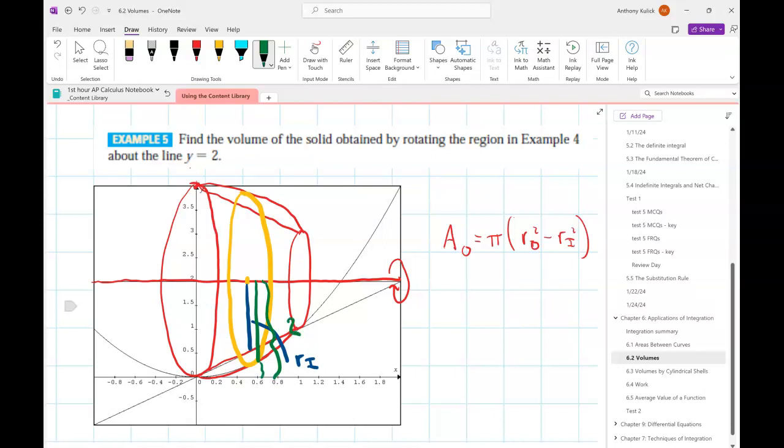And I know right here is the y coordinate at that point. So my outer radius should be 2 minus that y coordinate. And for that curve, that was the line y equals x squared. So that's going to be my outer radius.